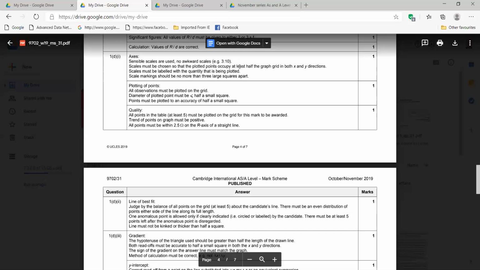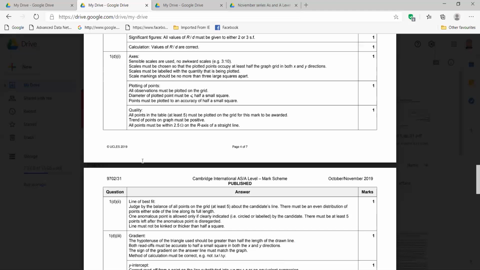So here you already read axes. This is related to 1 mark. We have 3 more points here: plotting of points, quality, the line of best fit.